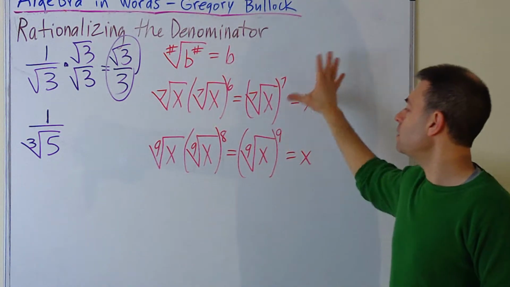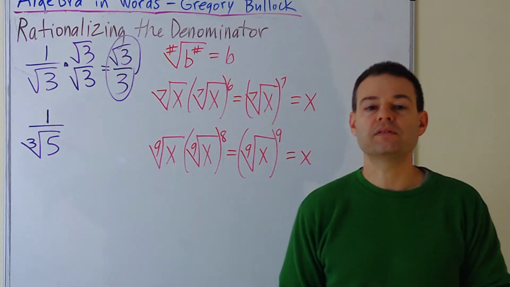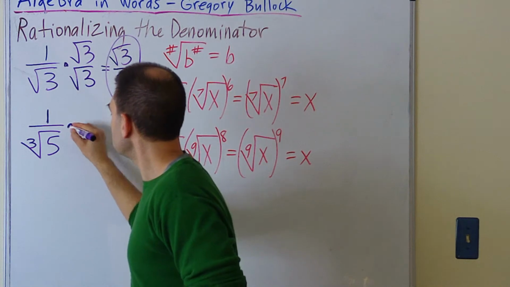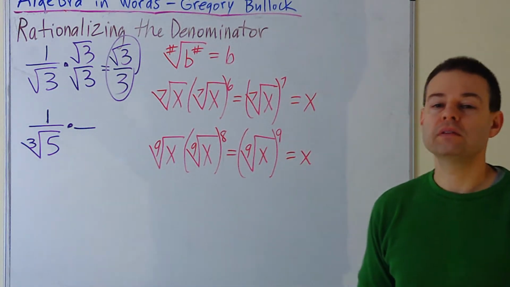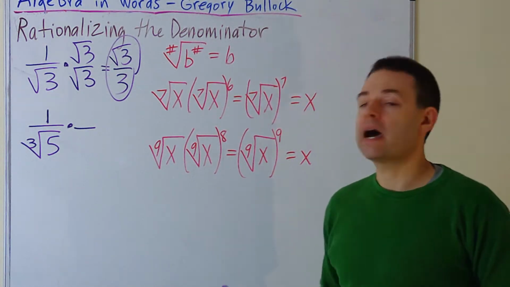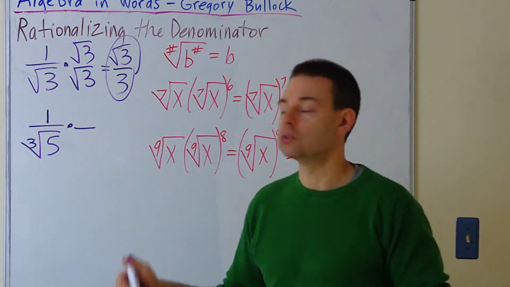Now let's apply this whole principle to this example where the denominator is the cube root of 5. And the question is, what do we multiply the top and bottom by? If we learn from these examples, we're going to multiply it times itself 1 less number of times than the root.